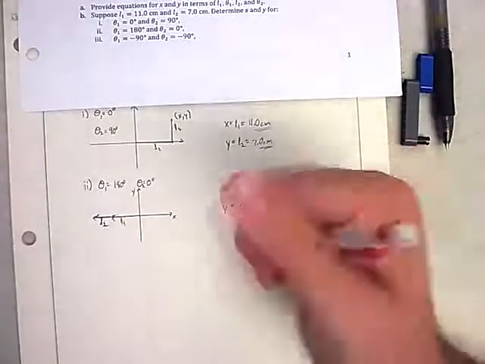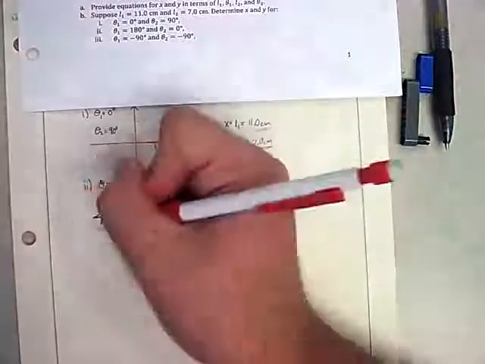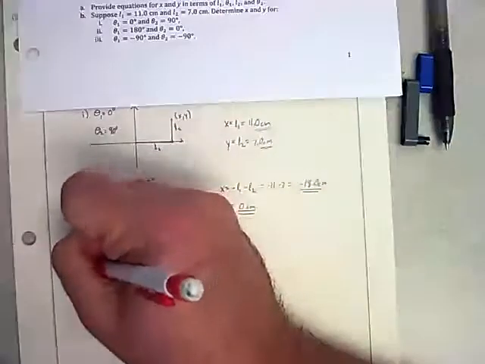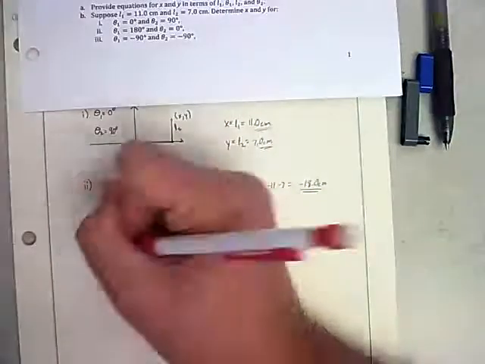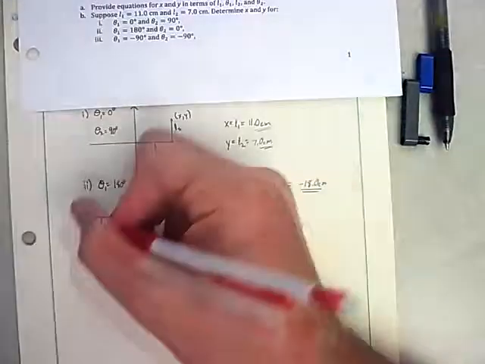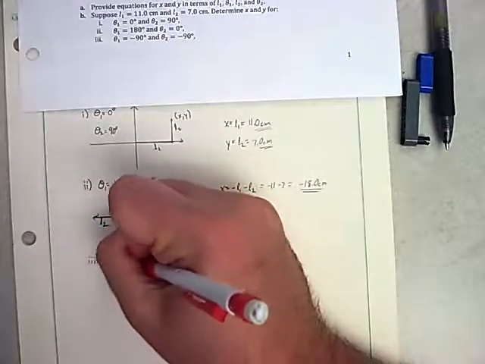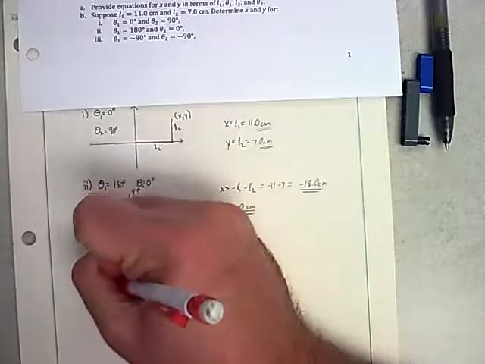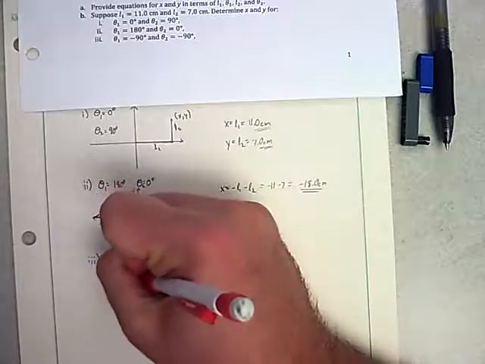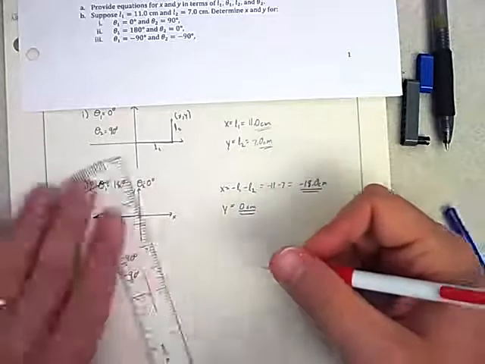The third one it asks for is theta 1 is negative 90, and theta 2 is negative 90. Alright, so let's draw it out again.